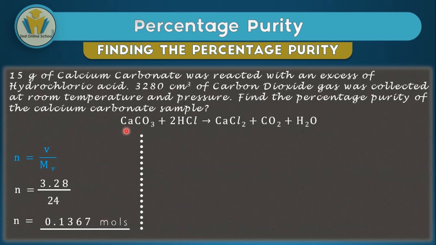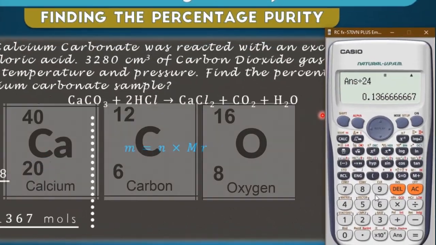Therefore, to find the mass of the calcium carbonate that was used in these 15 grams, we're just going to say M is equal to n multiplied by Mr. Our Mr, or our molar mass for calcium carbonate, is 100. You can check it with me. Calcium is 40.